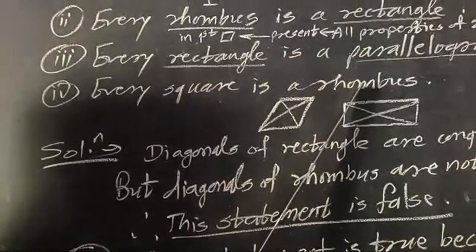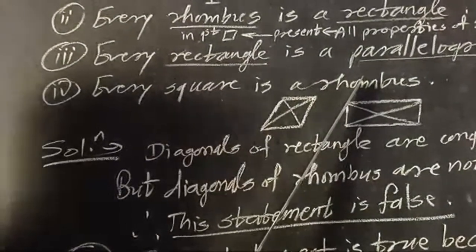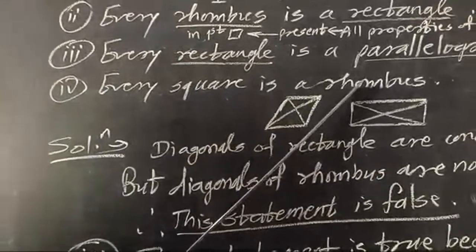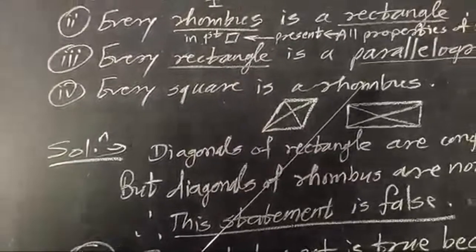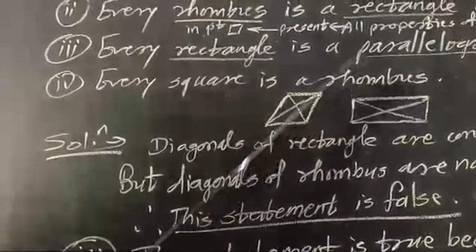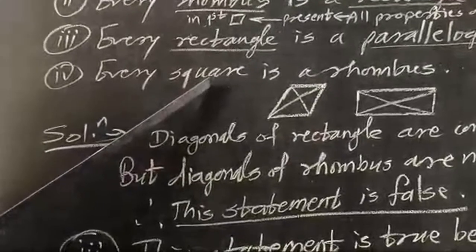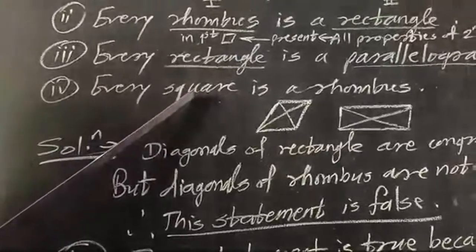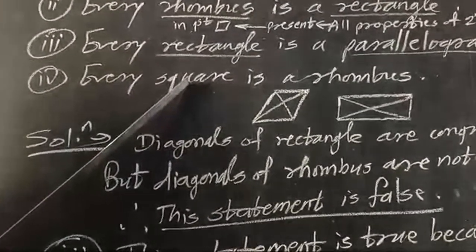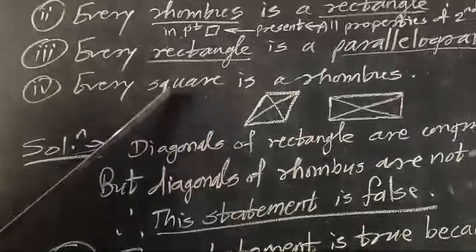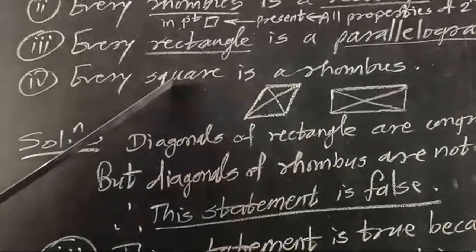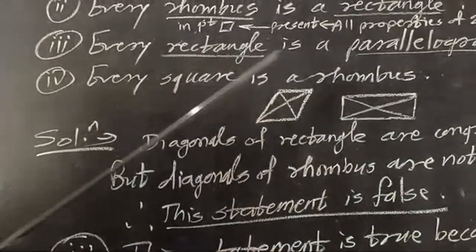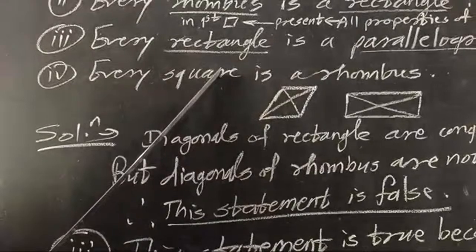Second property. Yes, diagonals of rhombus are perpendicular bisectors to each other, and for square, diagonals of square are also perpendicular bisectors to each other, means second property also satisfy.